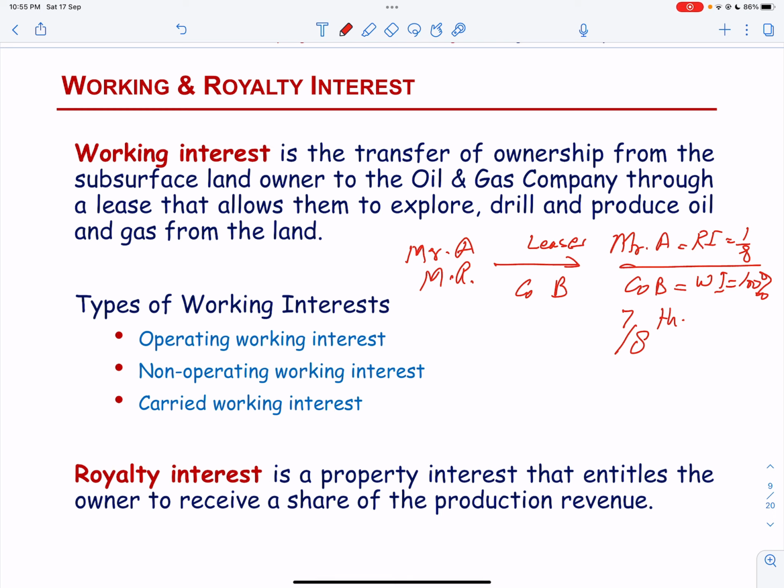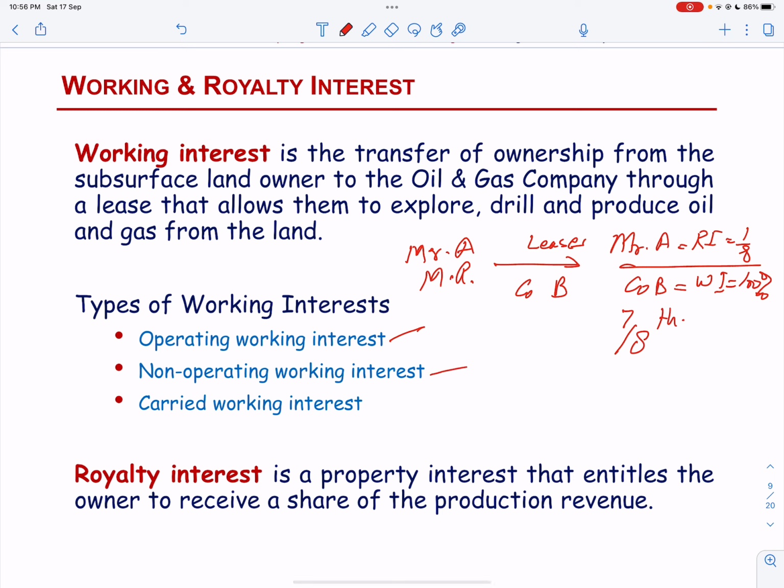There are three main types of working interest. One is the operating working interest. The operating working interest owners include the persons who run the operation as an oil or gas investment. The operating working interest owners handle the cost of operations and the payments to holders of royalty interest.